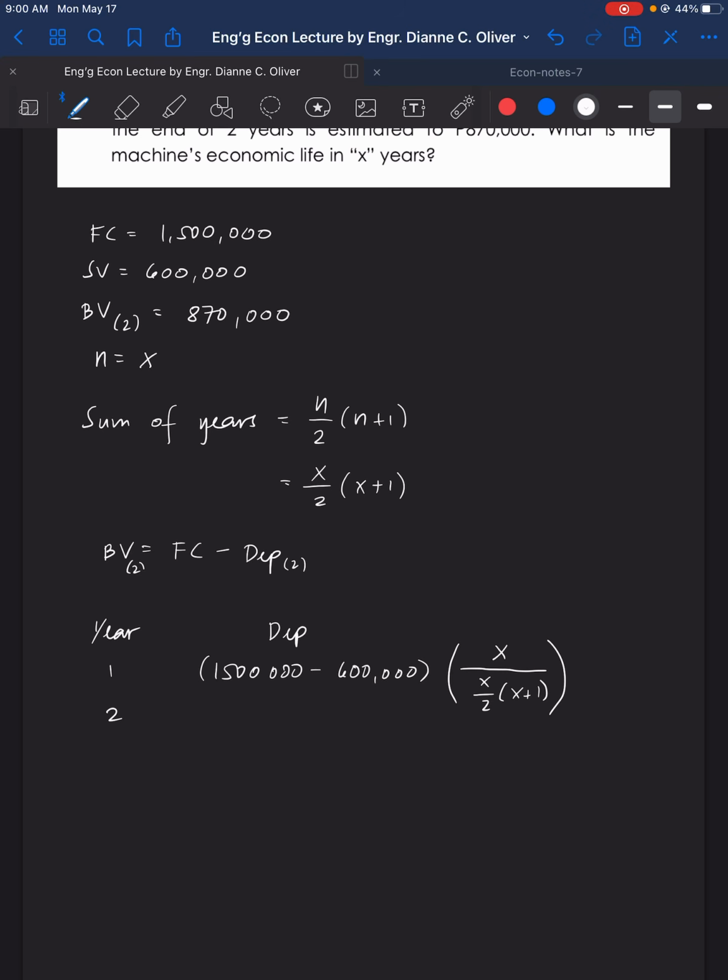Then what will happen in the second year will be 1.5 million minus 600,000. For the second one, we have x minus 1 all over the sum of years of x over 2, x plus 1.